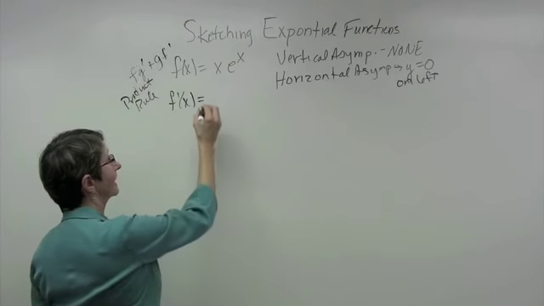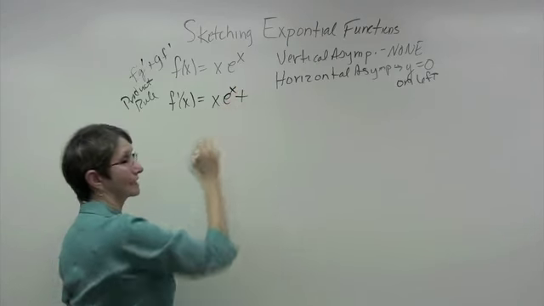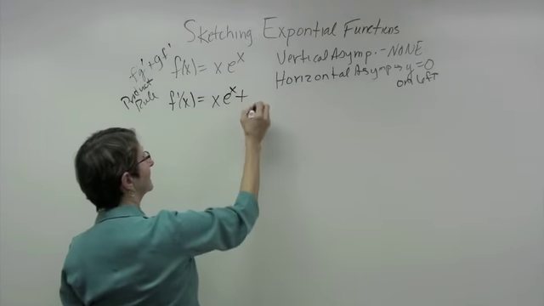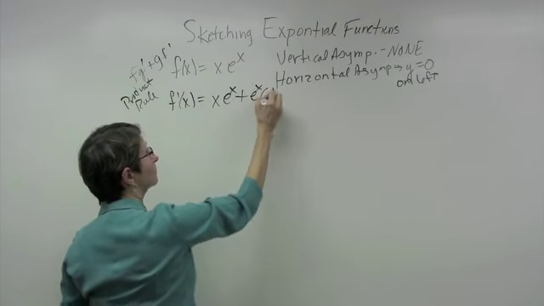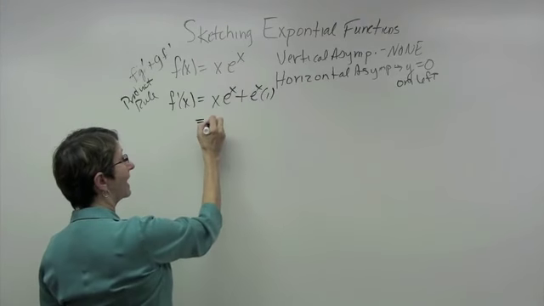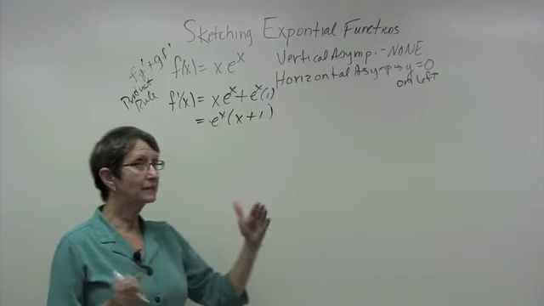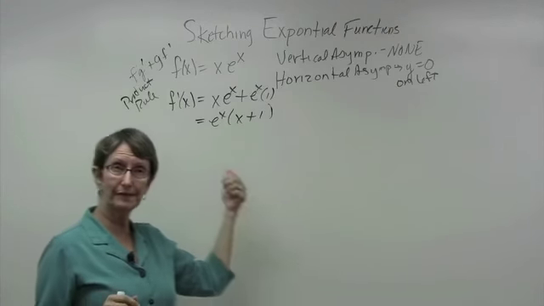So first is x, derivative of the second is e to the x, plus second is e to the x times derivative of the first is 1. To simplify that, I'll factor out the e to the x, and it gives me e to the x times x plus 1.